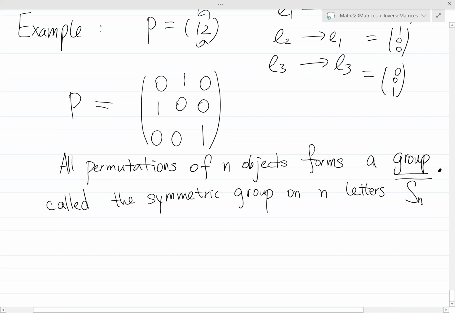Now, if you study a higher course after linear algebra, called representation theory of groups, you actually use matrices to study symmetry of objects. You will have a chance to study this object, the symmetric group on n letters. It's a really beautiful subject.